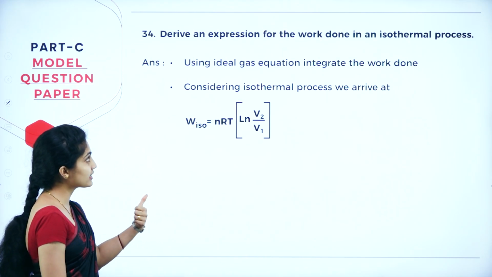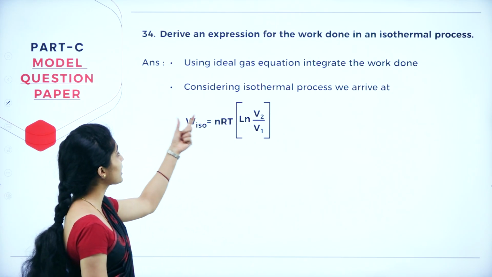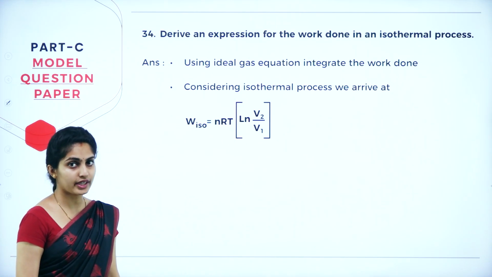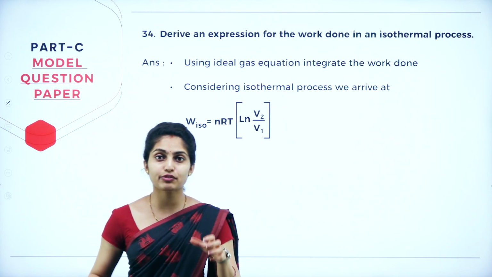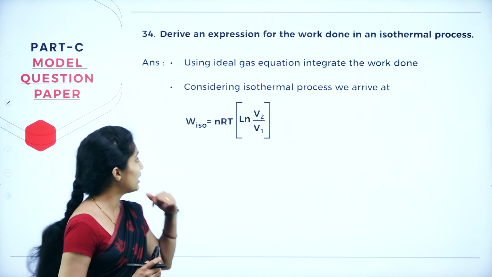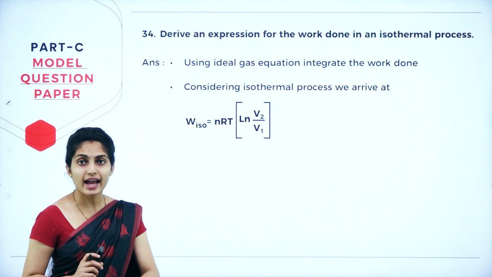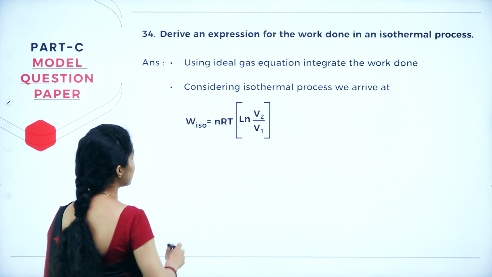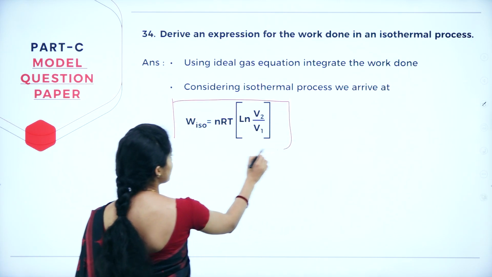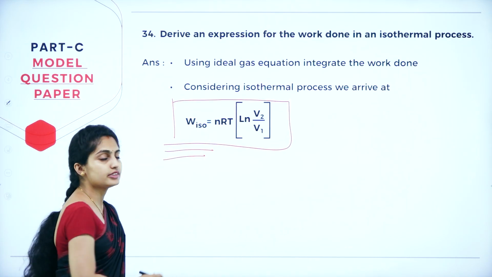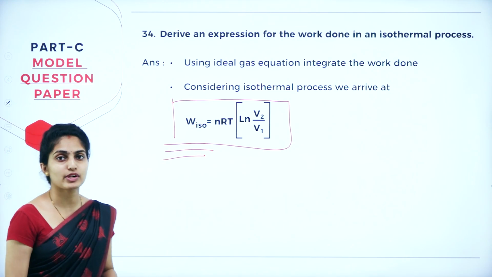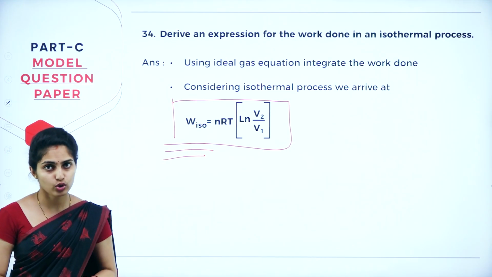Having that ideal gas equation, we have to integrate to get the work done. Okay. So after integrating for the work done, then you will have to consider the isothermal process condition, and finally we will have to arrive at this formula. So this will be the final derivation, that is the final expression for this set of questions.